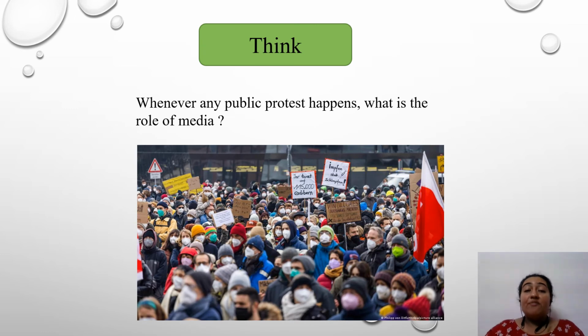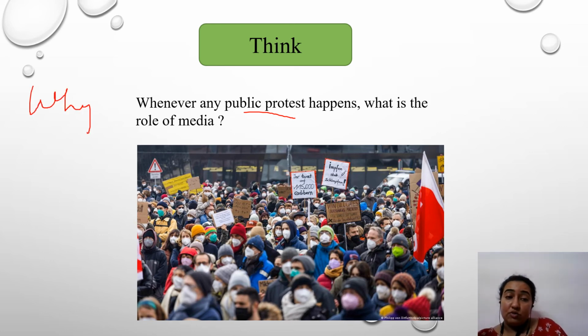Now, whenever any public protest happens, think, what is the role of media? Media हमें क्या क्या दिखाती है? Suppose there is protest in any particular area or state, what is media trying to show us? It shows us lot of things. It shows us why. It shows us what led to the protest. It shows us that how citizens are behaving.